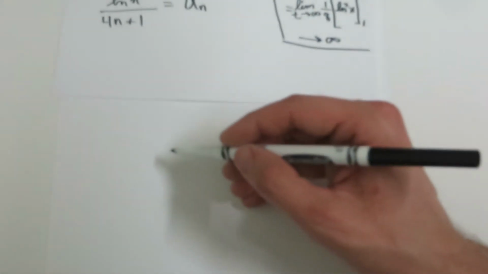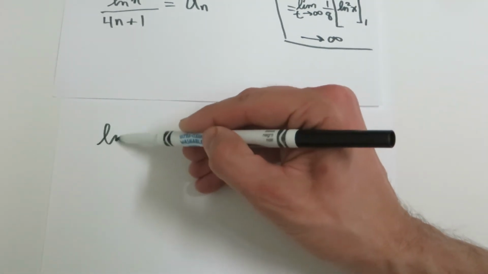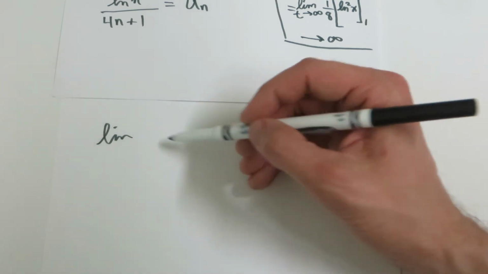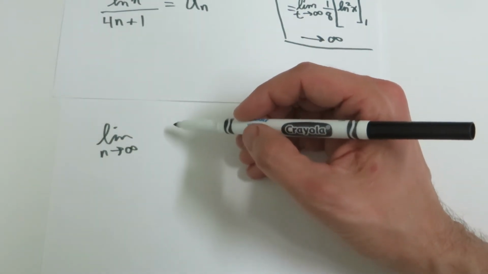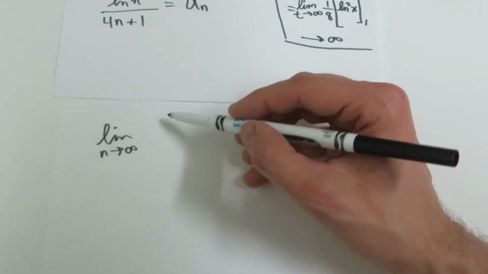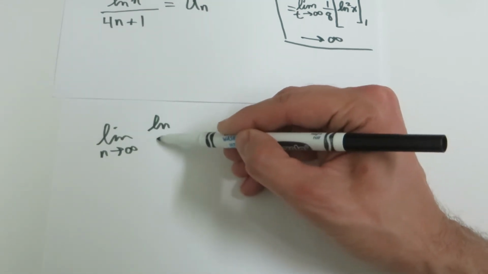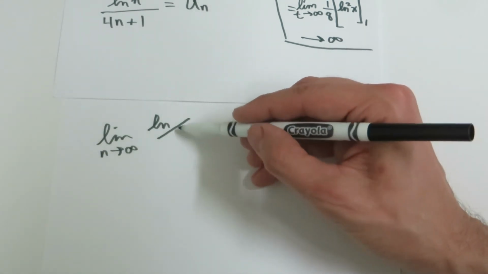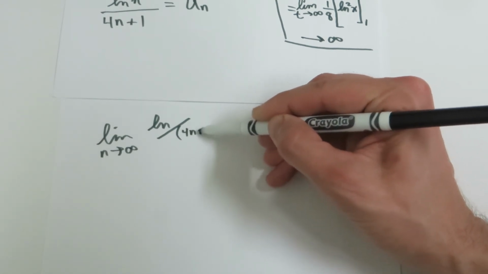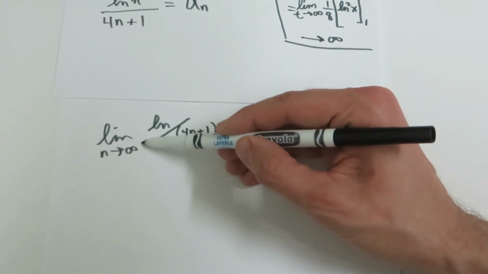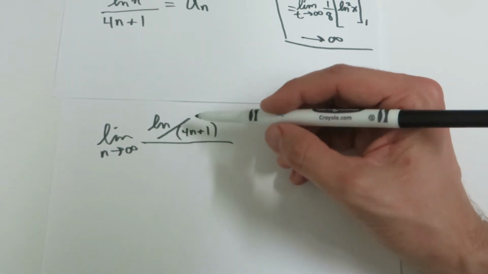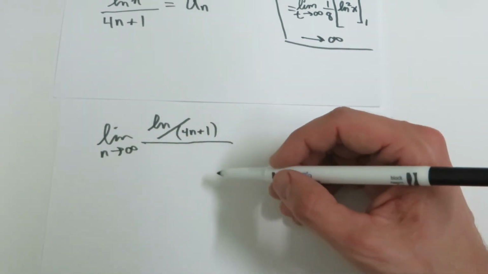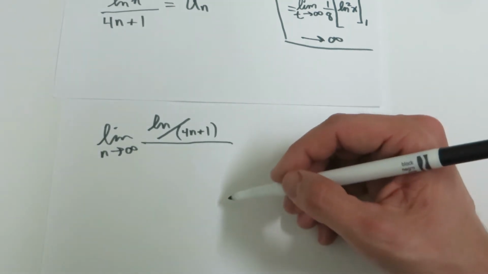So we have the limit. Let's start down here as n approaches infinity of ln of n over 4n plus 1. I like to write the fraction as a fraction of slanty fractions so that we can see straight away what we're working with.